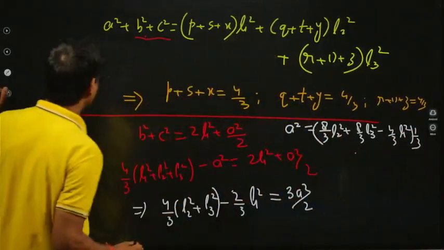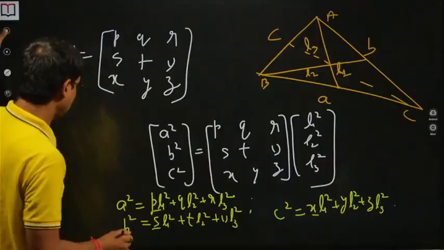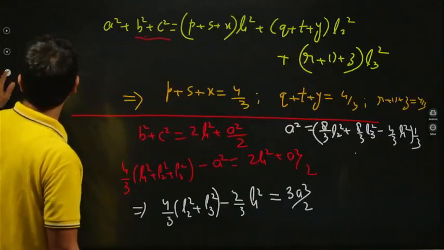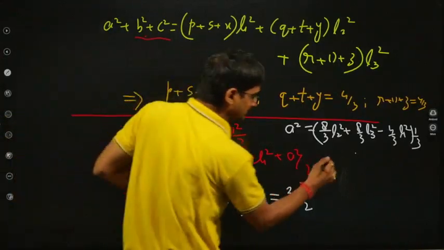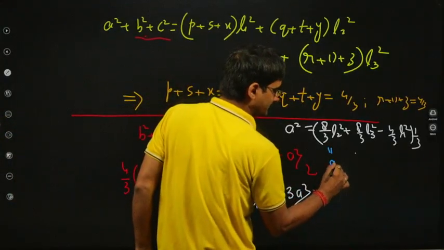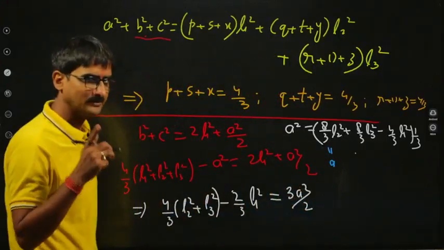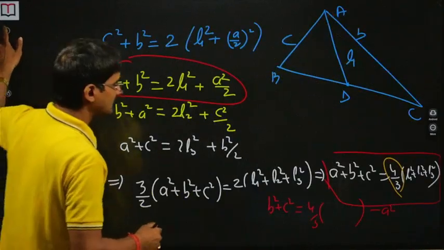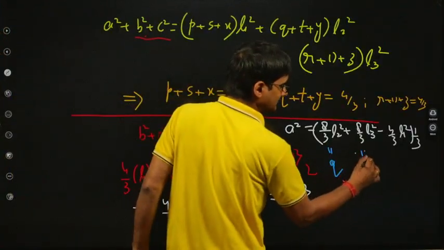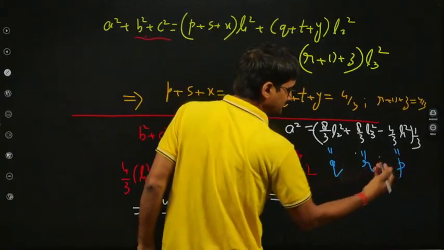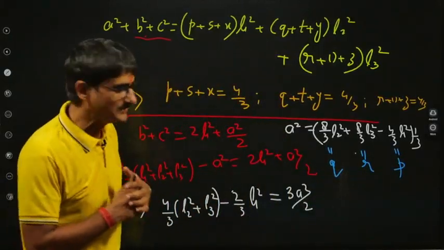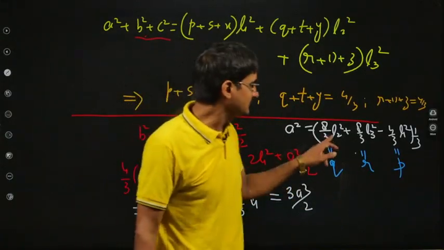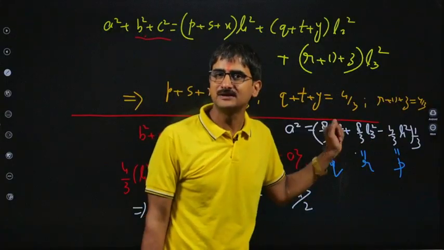Now let me compare it with the relation here. We can say at least this will be true, that this is A square. Let me check. PQR, yeah, so this is Q, this can be R, and this can be P. Similarly, when you do it for B square, it will be for L2 square, which will appear as minus 4 by 3.